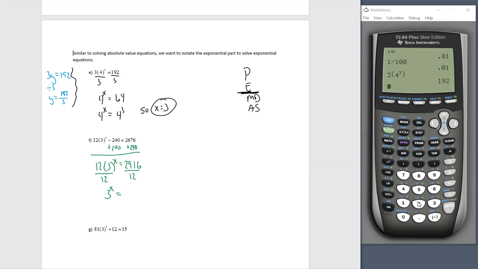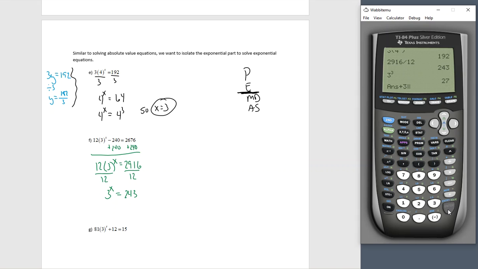So we'll have 2,916 divided by 12, and we'll get 243. I don't know about you, but I sure hope 243 is a 3 to some power. What would I do? I would do this. 3 to the third is 27.